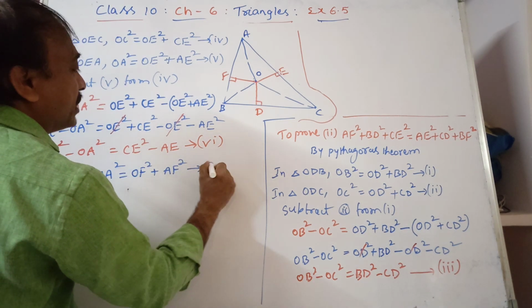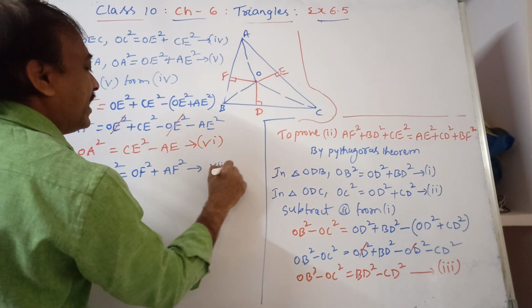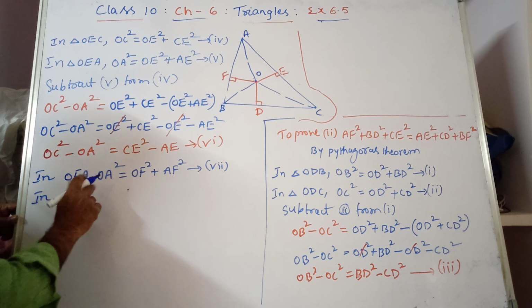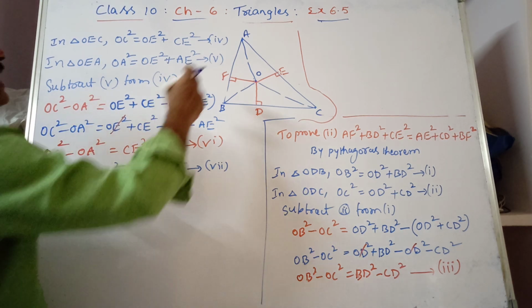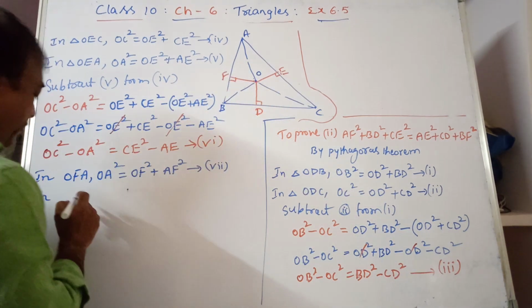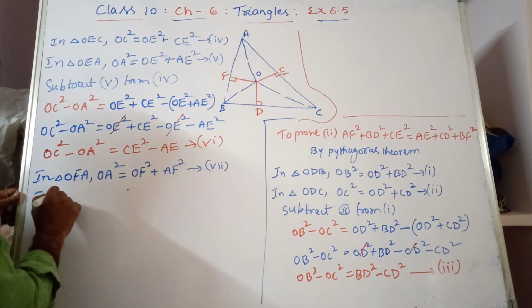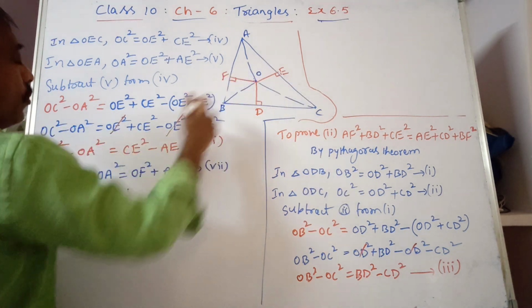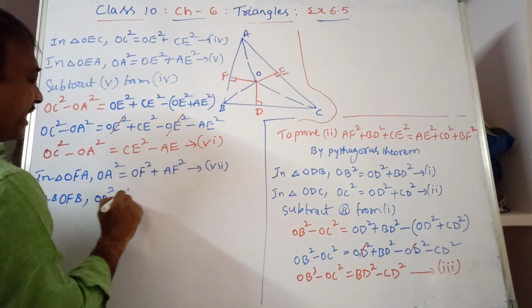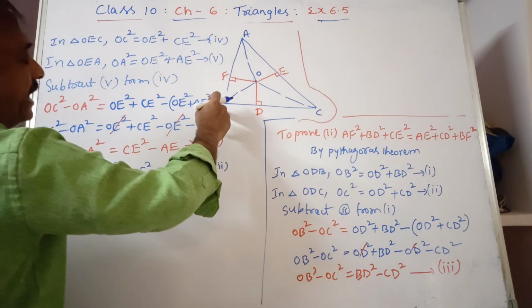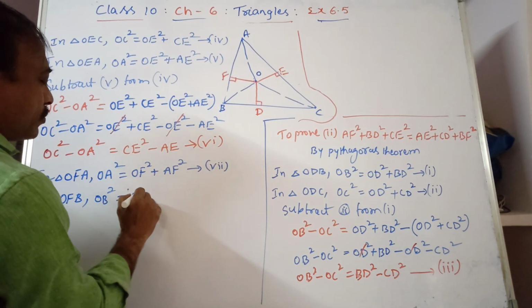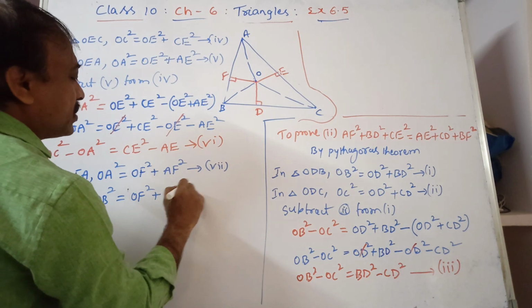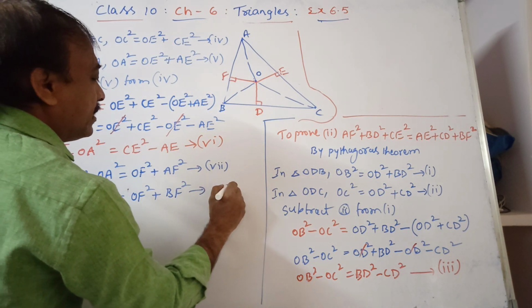Let this be equation 7. There are so many equations, all by applying only Pythagoras concept. In triangle OFB, again OB square is equal to OF square plus BF square. Let this be equation 8.